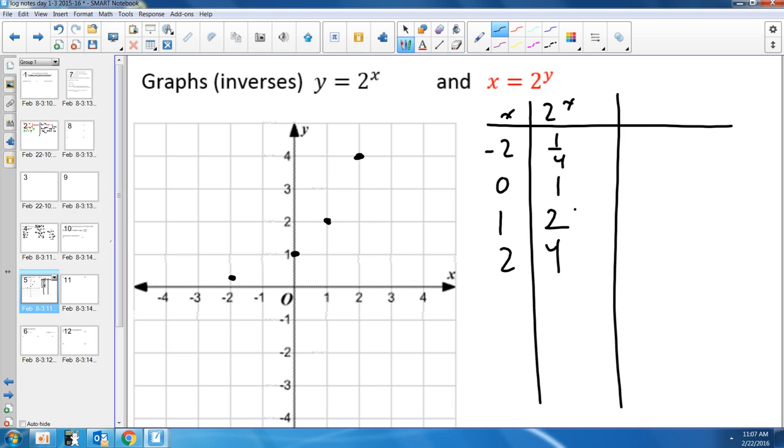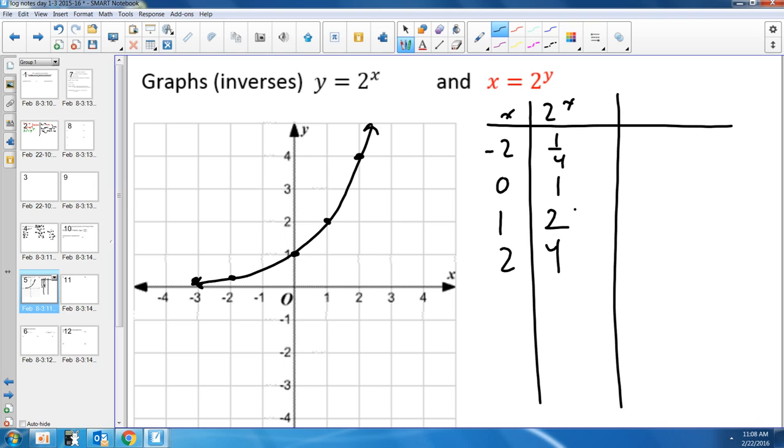And you can see it's an exponential, and when it's an exponential, it's going to come like this, where it's rising, and then eventually it's going to go toward y equals 0. And when it's toward y equals 0, it's not going to actually hit 0, because no matter what you put in for x, if it's positive or negative, you're going to have a positive fraction or a positive number.